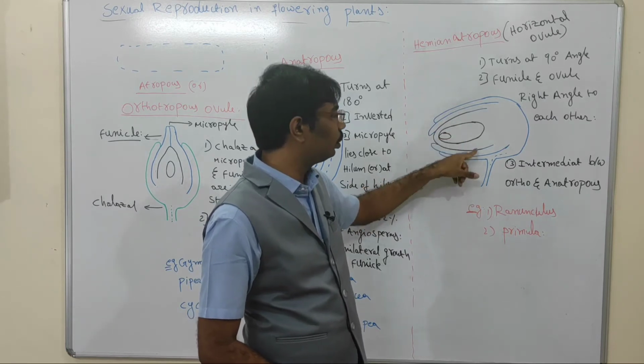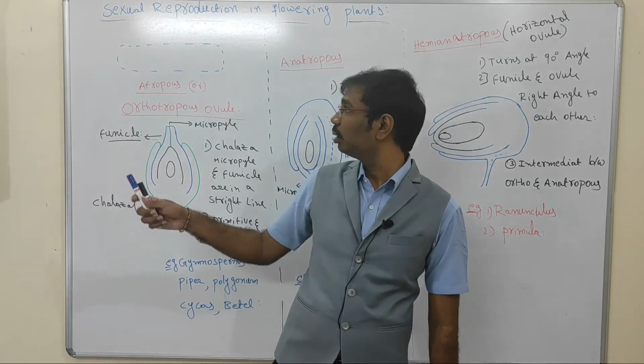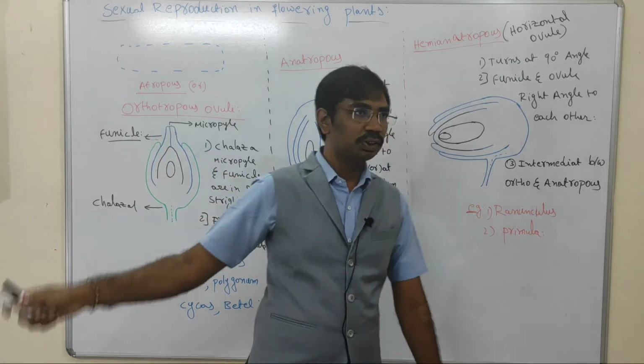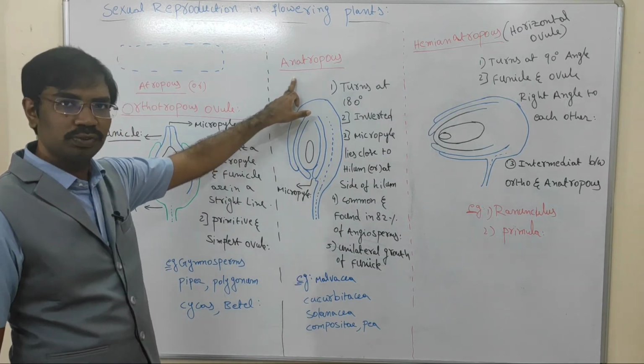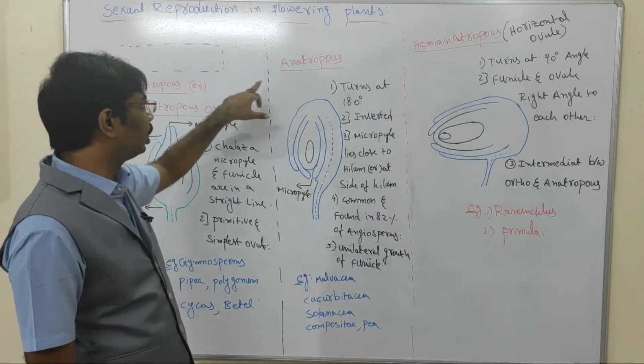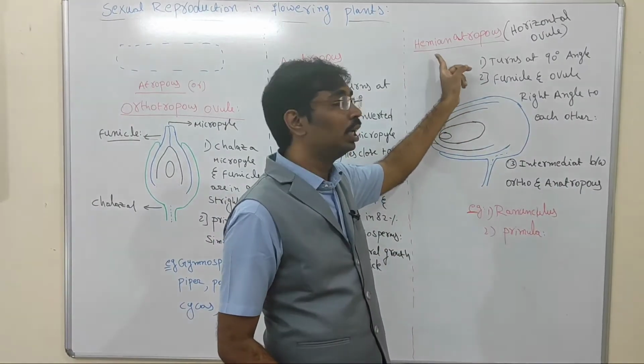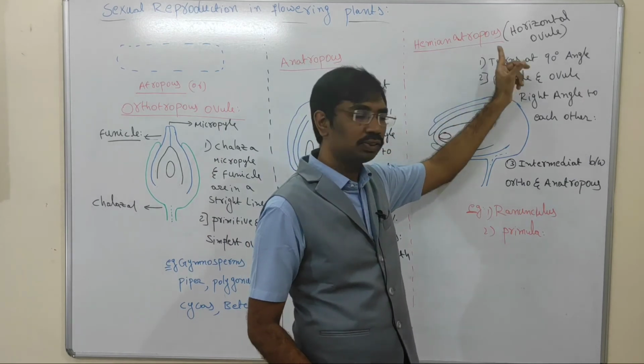So the hemianatropous ovule is intermediate between the Orthotropous ovule and the Anatropous ovule.